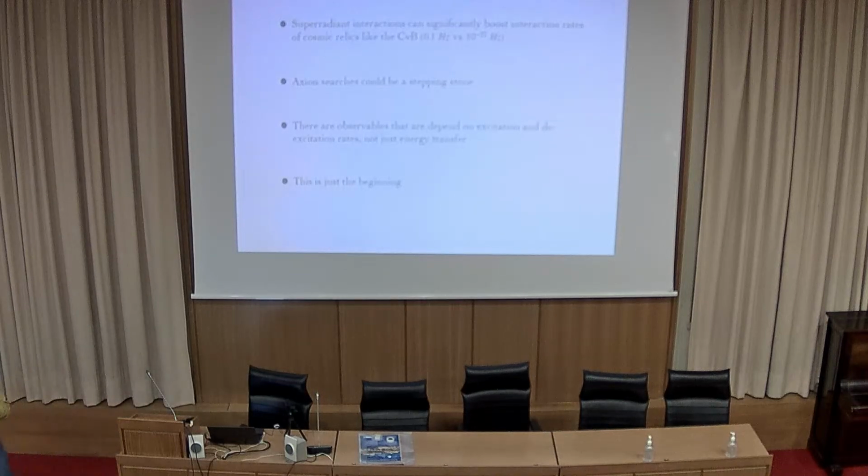Interestingly enough, dark matter searches for axions and other things could also benefit a lot as a byproduct of this. The interesting thing, though, is that you have to focus on observables that go beyond the traditional energy transfer. And this is what we're working on. And for us, this is just the beginning.